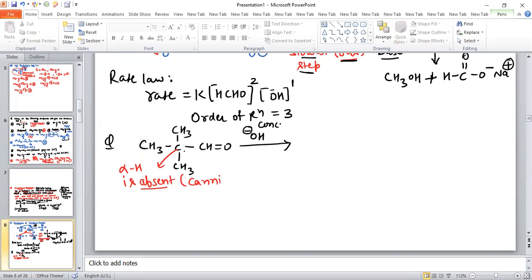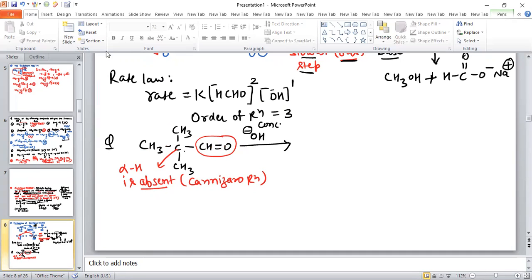If alpha hydrogen is absent, the Cannizzaro reaction will take place. So what happens? One aldehyde group will be reduced into alcohol, and also the other aldehyde group will be oxidized into carboxylic acid.